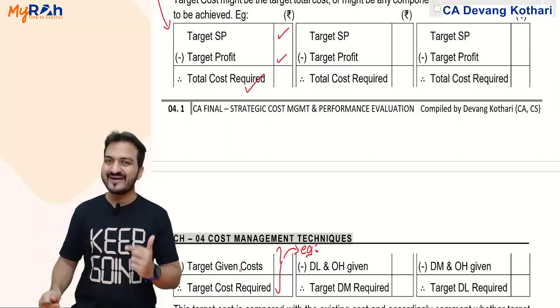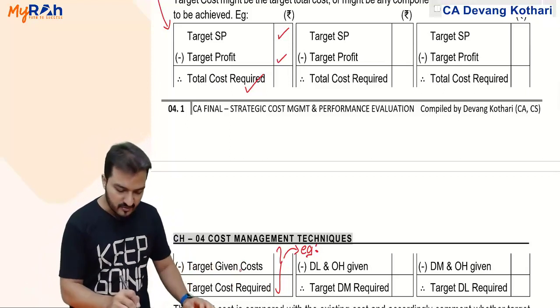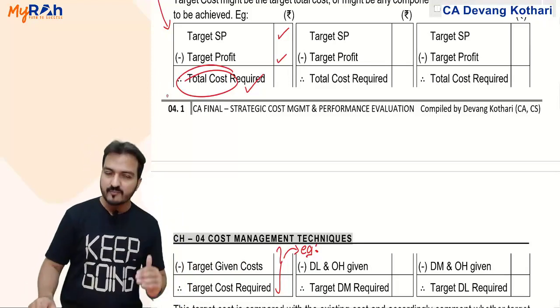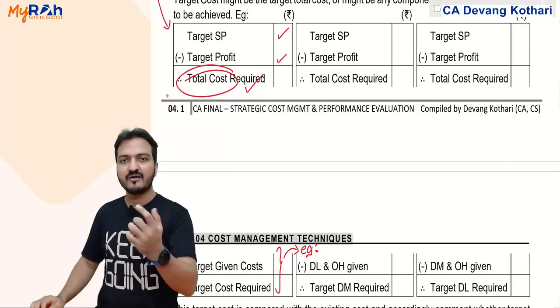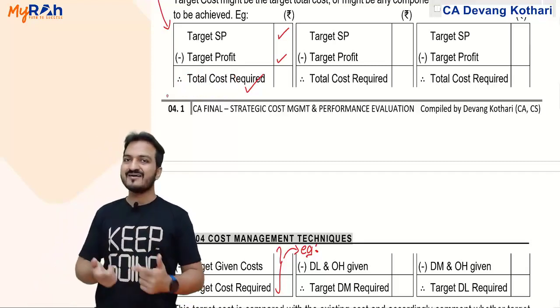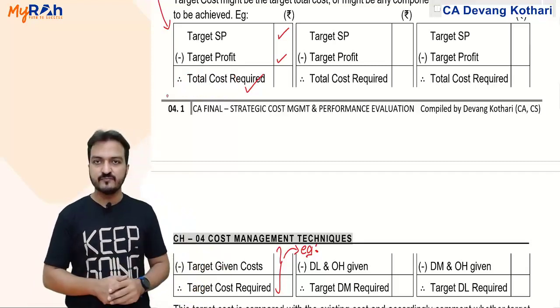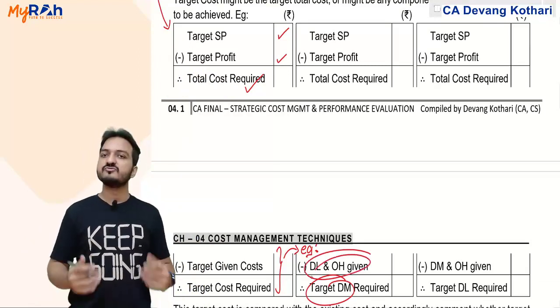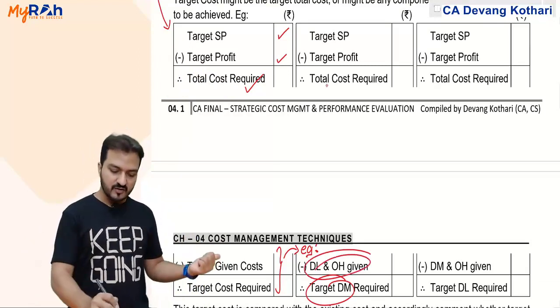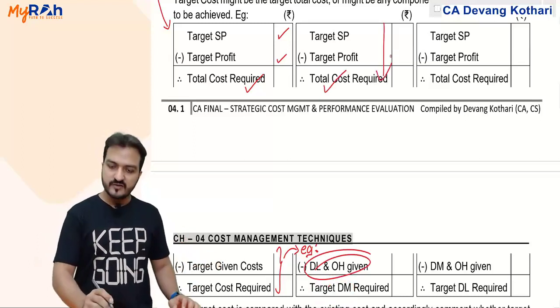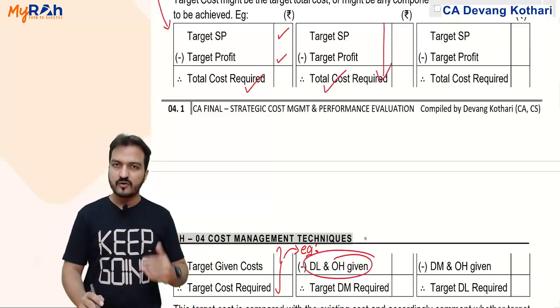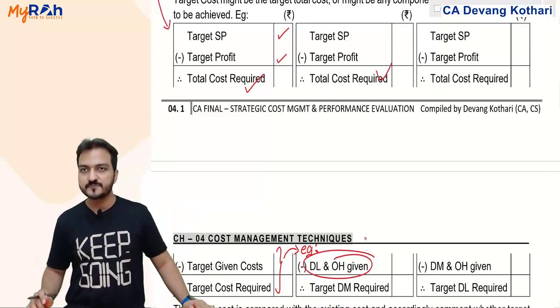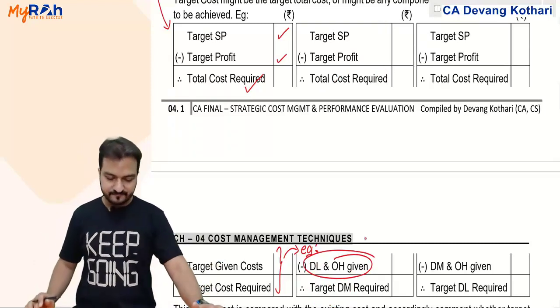So the question might ask you to calculate the target total cost, or the target manufacturing cost, or the target material cost. If I ask you the target material cost, meaning all other items of cost should be given. So you get the target total cost like this, deduct the other costs which are given, what remains is my target material cost. Done? Yes.